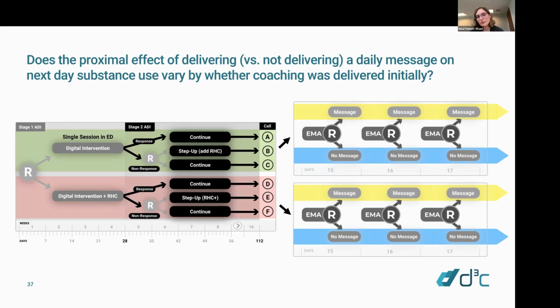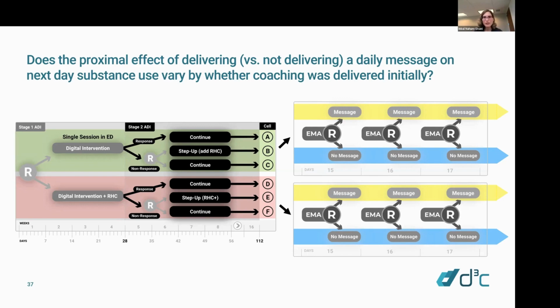So what do I do? All I need to do is estimate the average proximal effect of sending a message versus no message on next day substance use, which you know now how to do. But I do this only among half of the sample who did not start with coaching. I do the same thing, estimate this effect among the other half who started with coaching, and I'm going to compare the two. That's it. It's a difference between differences.